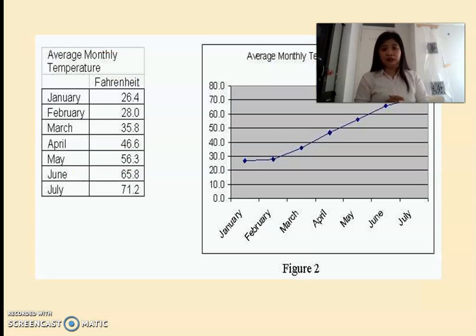Basically, you have to understand very well the questions related to the graph. But it's very easy for you to answer all the questions by simply analyzing the graph. You can get what is the least, what is the most, what's the difference between the two, which one is more than, which one is less than.